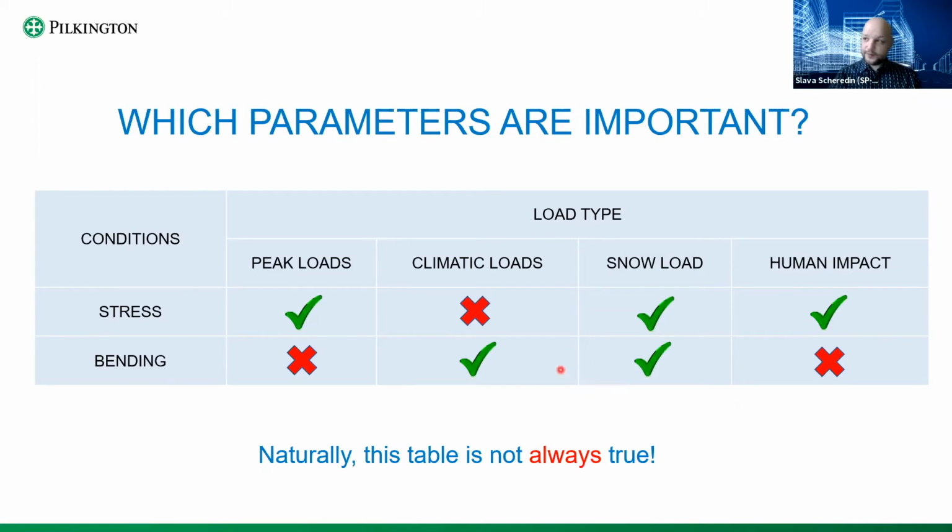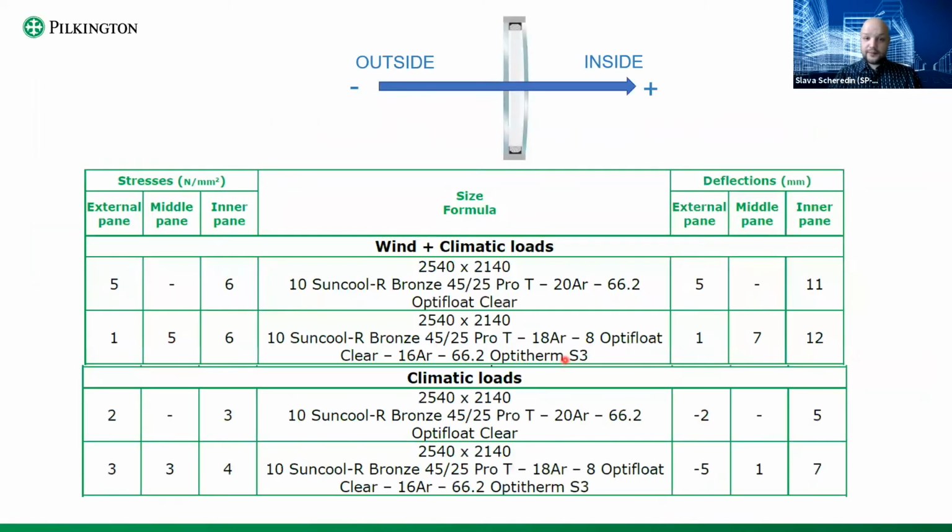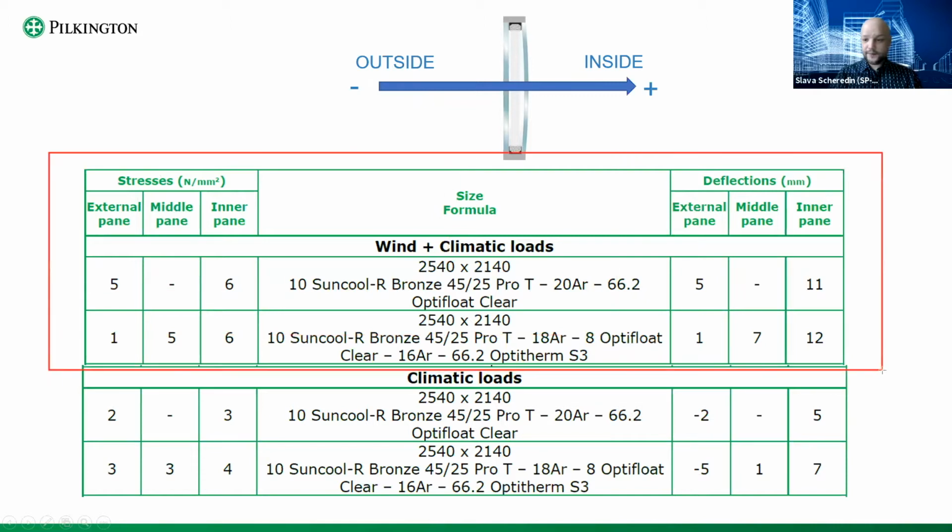for obvious reasons. And here is an example of a calculation. First one is under peak loads, maximum ones. So right here. And mind you, IG unit size and composition are all the same.